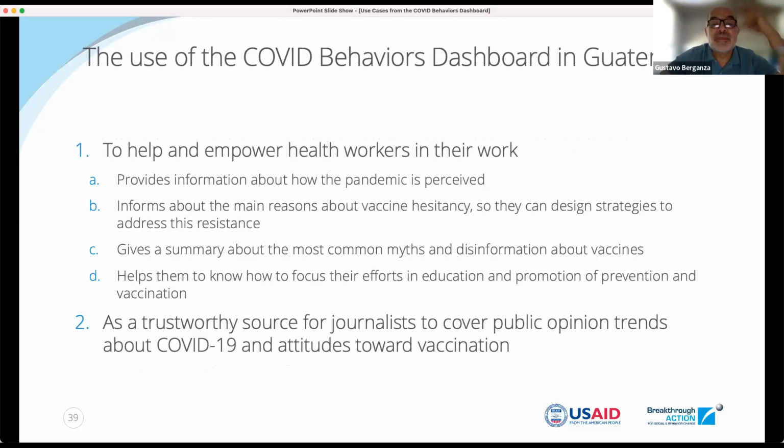Next. So how do we use the COVID dashboard in Guatemala? In this context, where at least 22% of people say they have a tremendous distrust about vaccination, we need to empower health workers, because the dashboard says they are the third most credible people to promote vaccination.